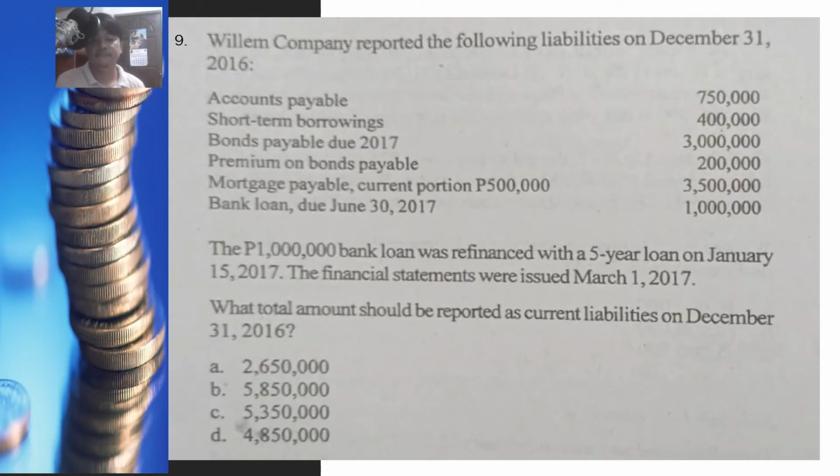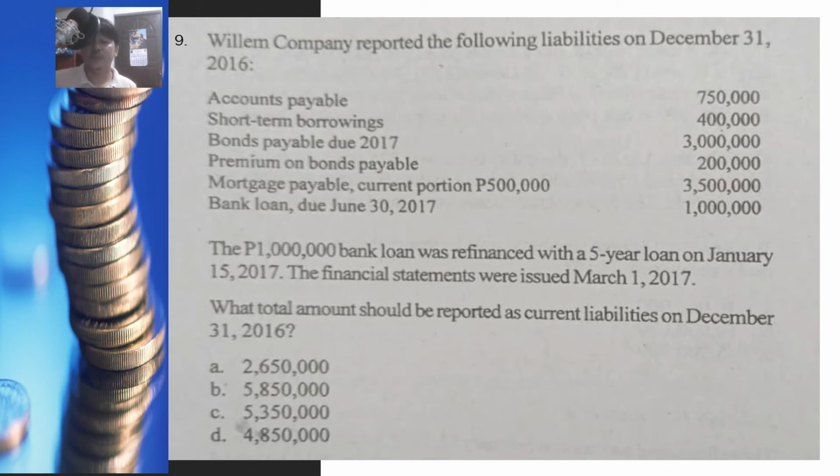Number 9. Here's the question. What total amount should be reported as current liability on December 31, 2016? So let's gather the relevant information. William Company reported the following liabilities on December 31, 2016. Accounts payable, 750,000. Short-term borrowings, 400,000. Bonds payable due 2017, 3 million.